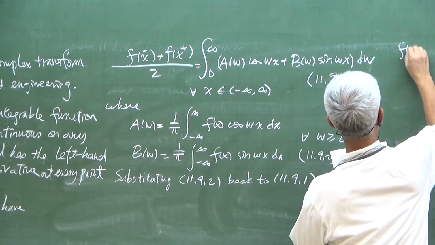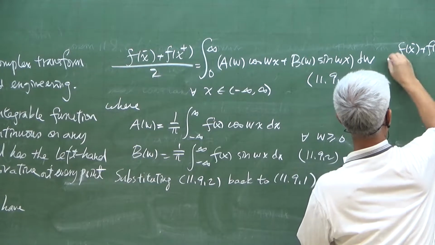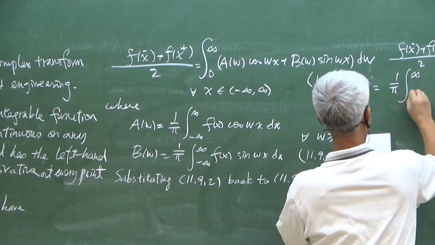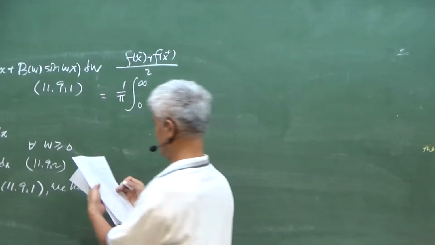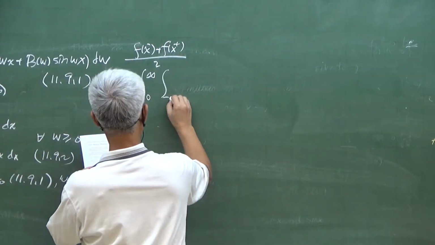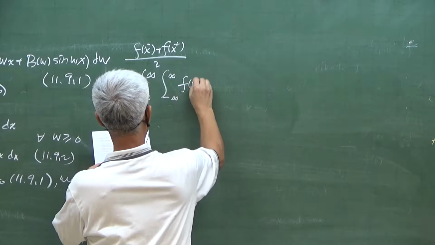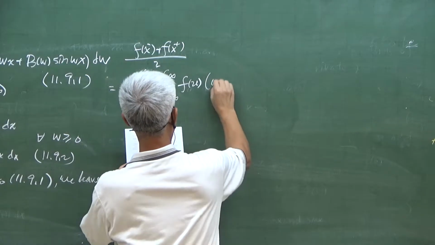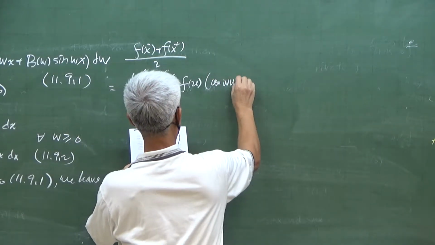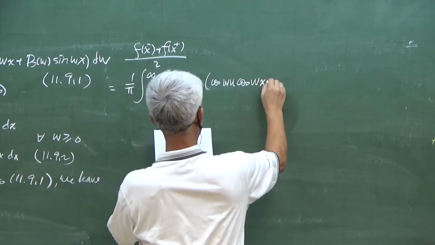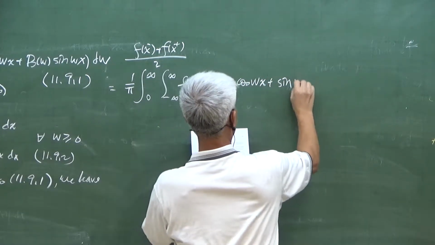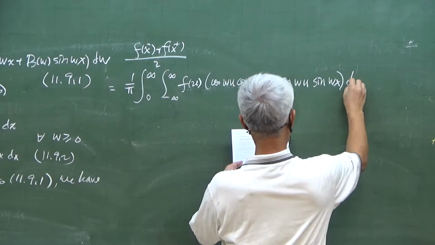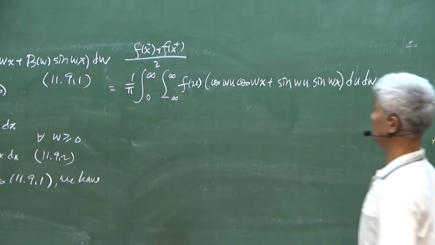So this is the average. Now the average is equal to 1 over pi, the integral from 0 to infinity of the integral of f(u) times cosine u cosine of x plus sine u sine of x, du dw.